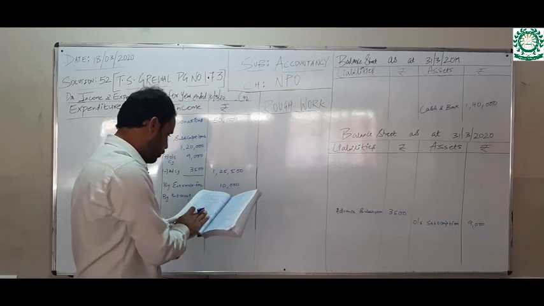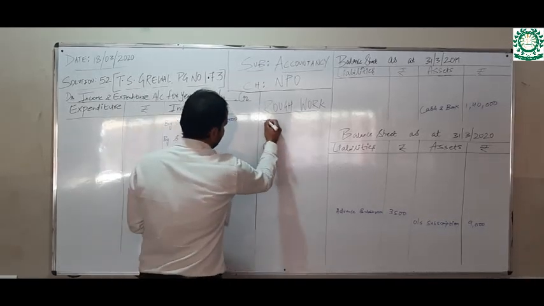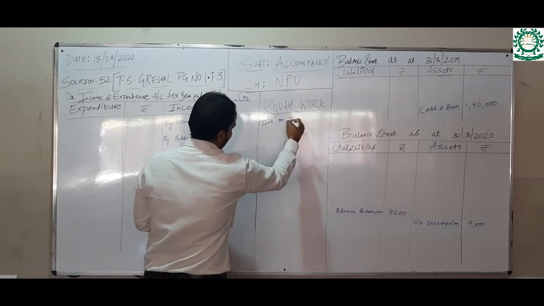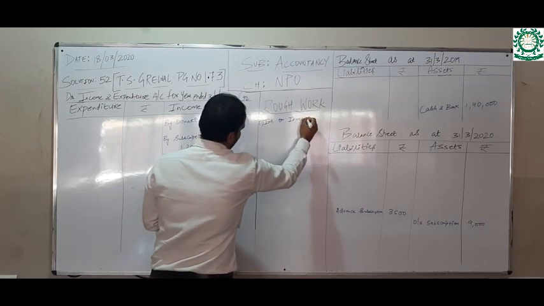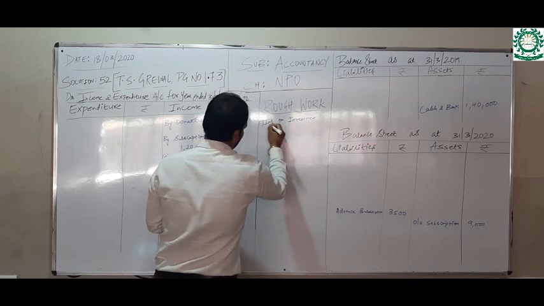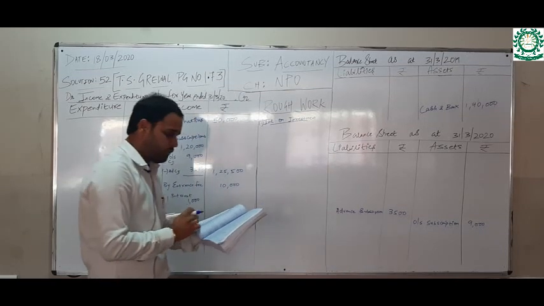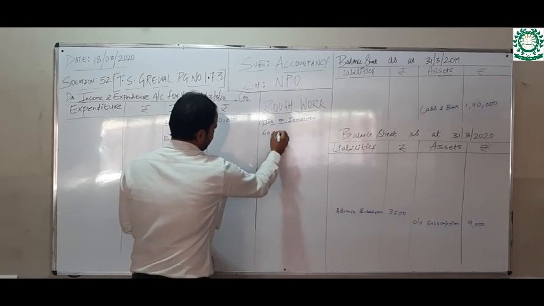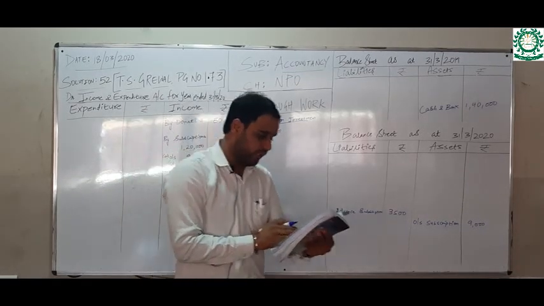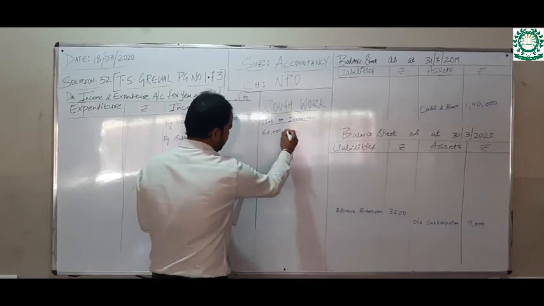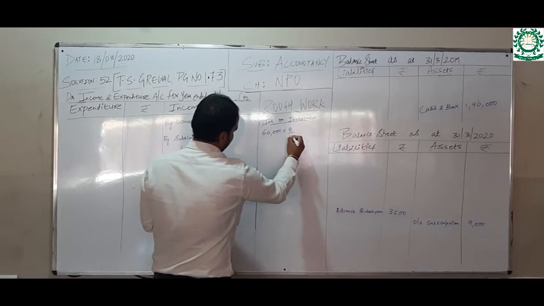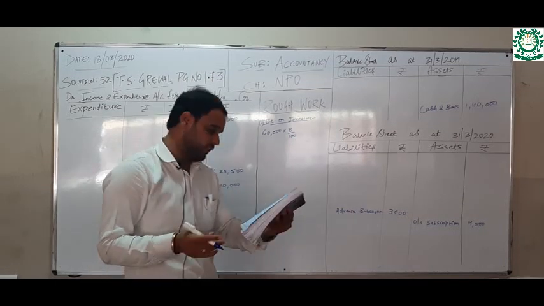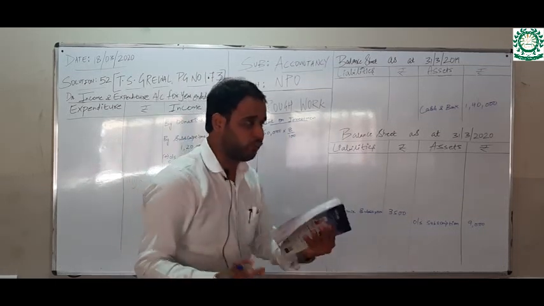Okay, let us see how much interest is accrued. In working portion we will go, that is interest on investment. So the amount of investment we will get from the payment side, that is 60,000. On this 60,000, the rate of interest available is 8%, and it has been said that the interest is accrued for 5 months.